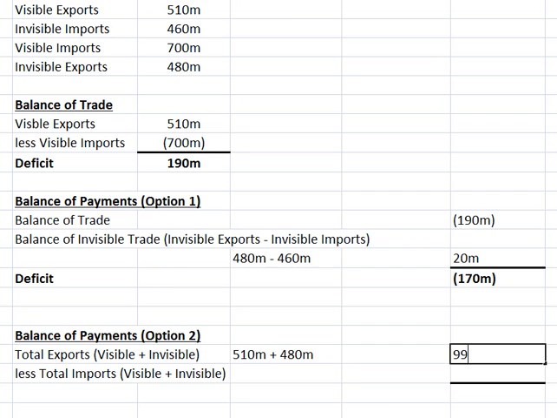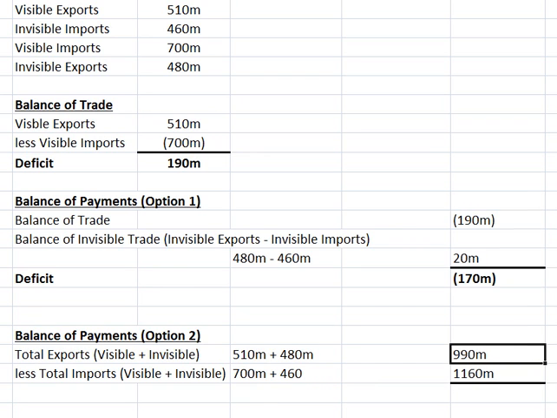Add those together and you get 990 million. Less total imports. So visible imports, 700 million, plus invisible imports, 460 million. And you get 1160 million.